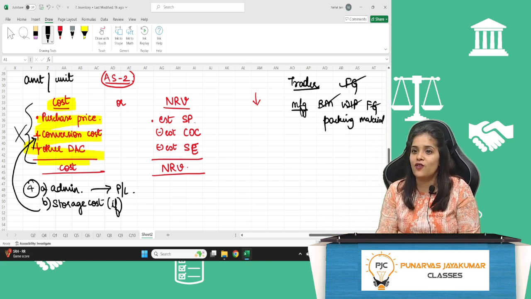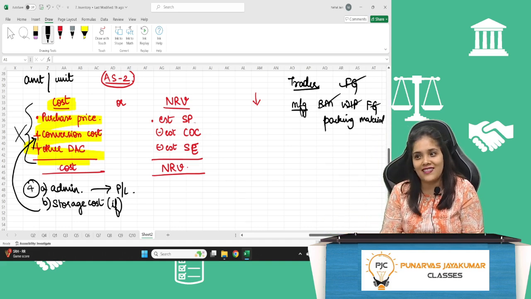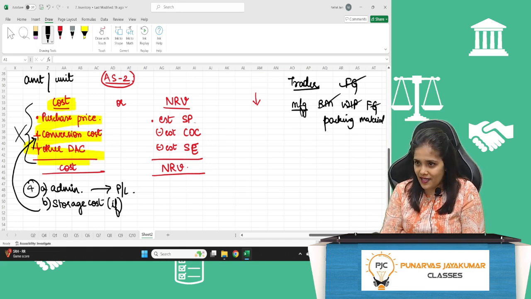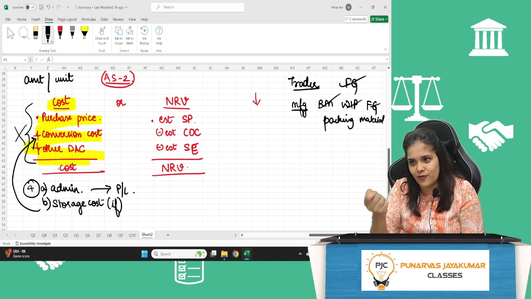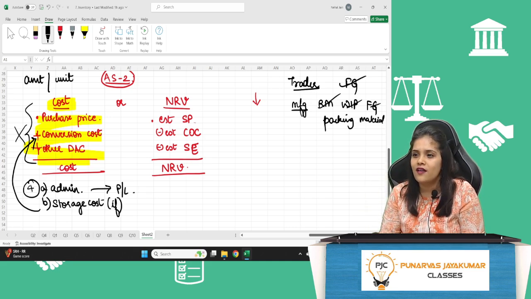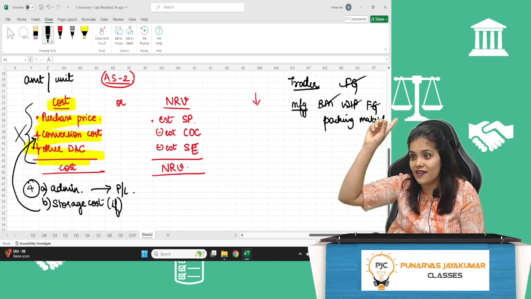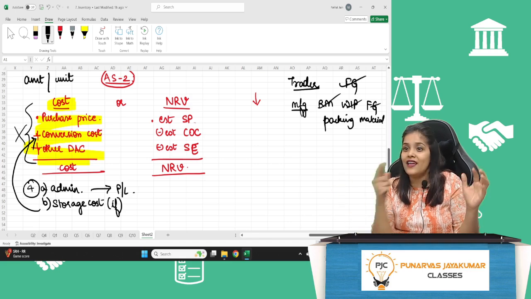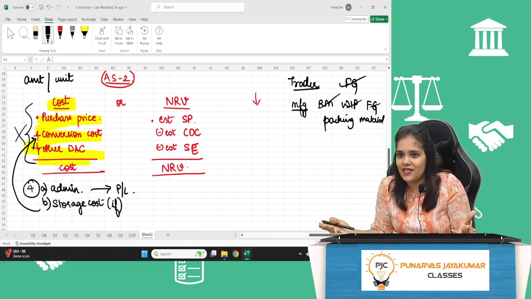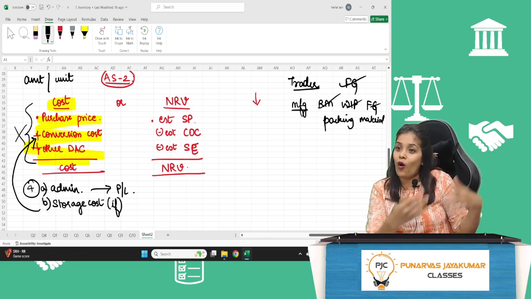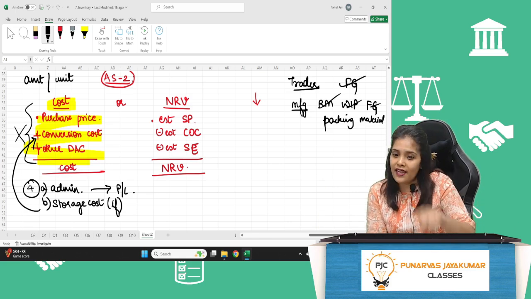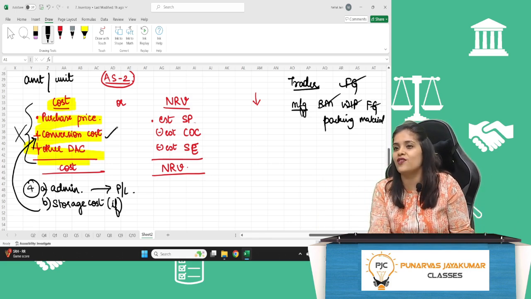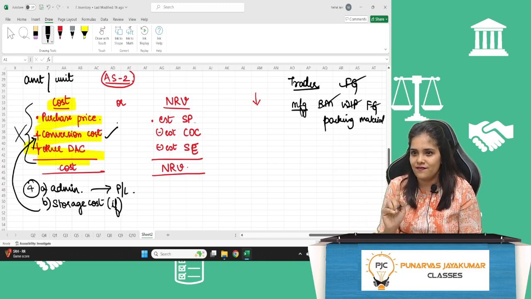One more example. Wine. How is wine made? Grapes. If you have grapes, you make the juice, then what? You have to store it for years together. Correct? Storage is necessary. Can you avoid the storage? No. Then in that case, the cost should be added to the cost of inventory.